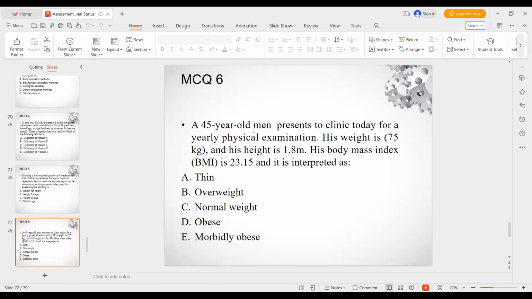MCQ number 6. A 45-year-old man presented to clinic today for a yearly physical examination. His weight is 75 kg and height is 1.8 meter. His body mass index is 23.15 and it is interpreted as thin, overweight, normal weight, obese, and morbidly obese.